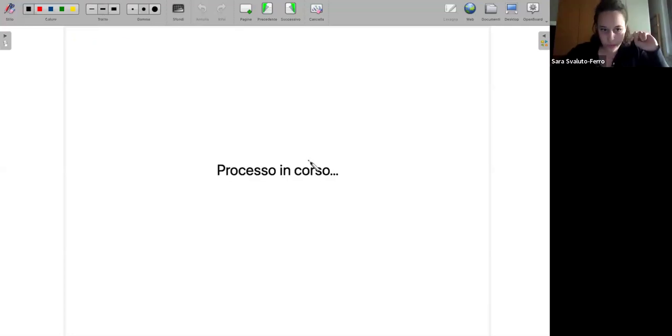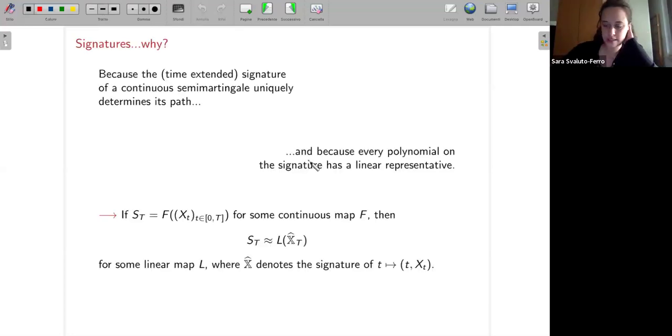If you combine these two properties, you arrive already at some very interesting summarizing property, here a bit heuristically. If you have a quantity that you can write as a continuous map of the whole trajectory of your semi-martingale, then it can be written as a continuous map of the signature, since the information on the trajectory is contained also in the signature.